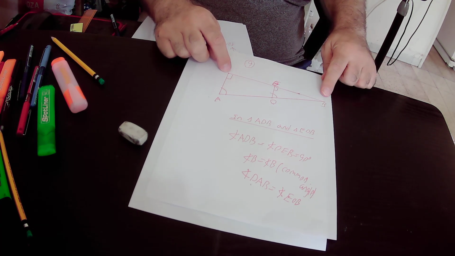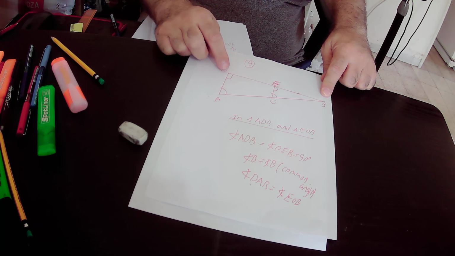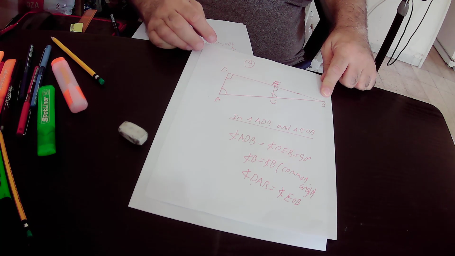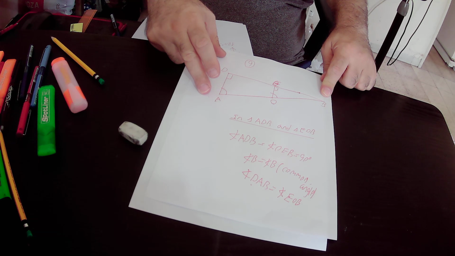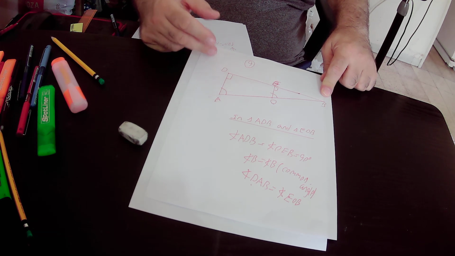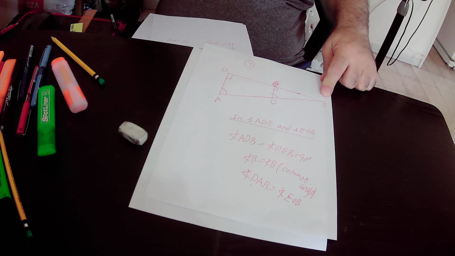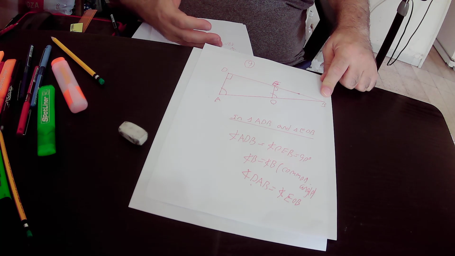Then they also have a common angle. Angle B belongs to triangle OEB, and angle B also belongs to triangle ADB. Therefore, angle B equals angle B. That is the second angle that is equal.